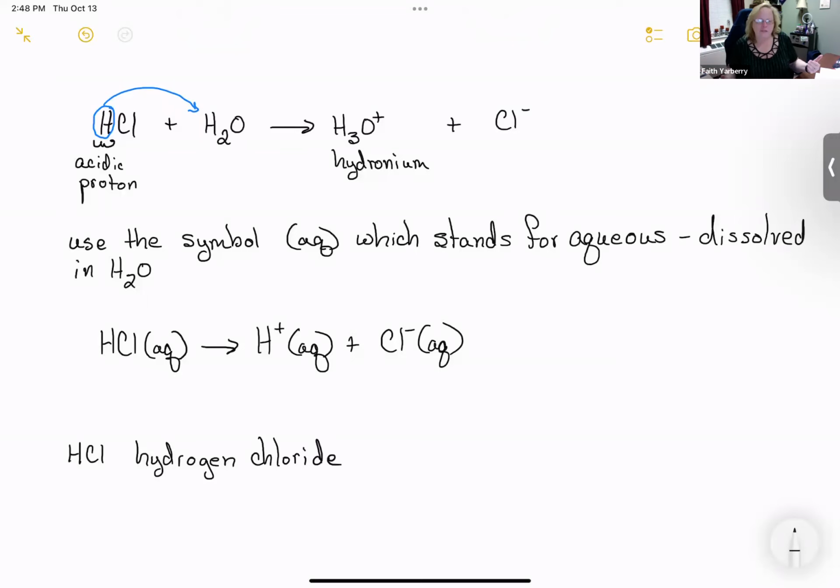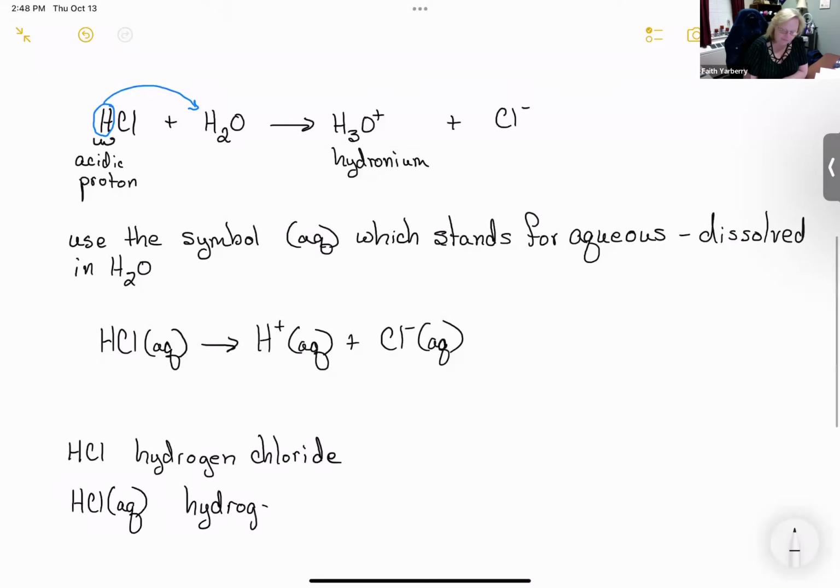HCl by itself is hydrogen chloride. HCl, once dissolved in water, is hydrochloric acid. So that is how I illustrate whether I'm dealing with just a covalent molecule or whether I'm truly dealing with an acid: I incorporate the AQ in parentheses with an acid.